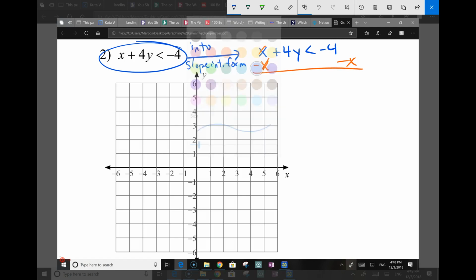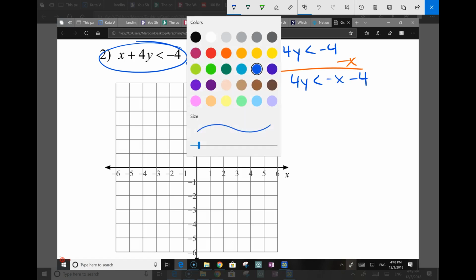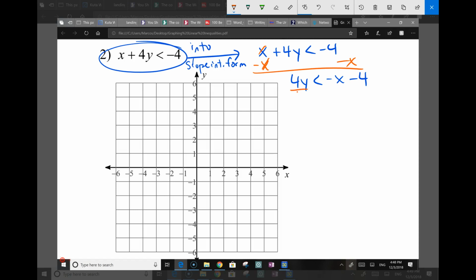These two cancel out, and I'm left with 4y is less than negative x minus 4, and then eliminating the 4 from this, what I get as a final inequality is y is less than negative 1 over 4 x minus 1. Just a side note, this negative can be placed either with the 1 or with the 4. You don't have to leave it on the 1, nor do you have to leave it in the middle.